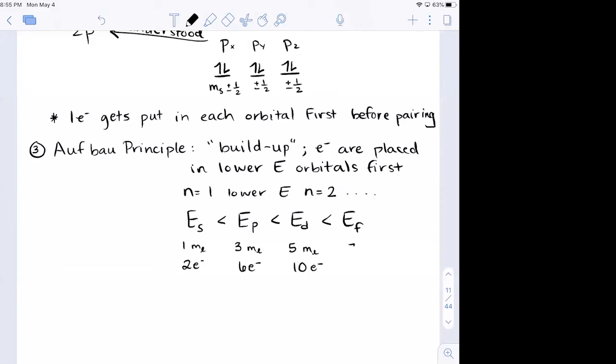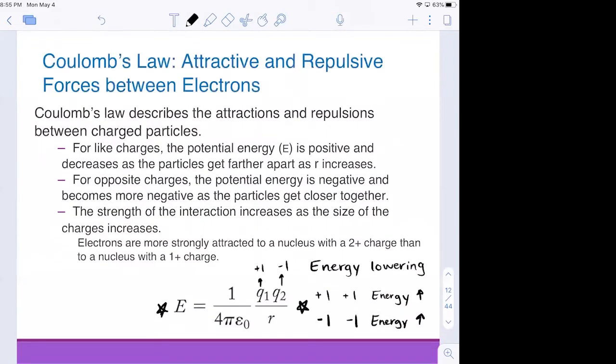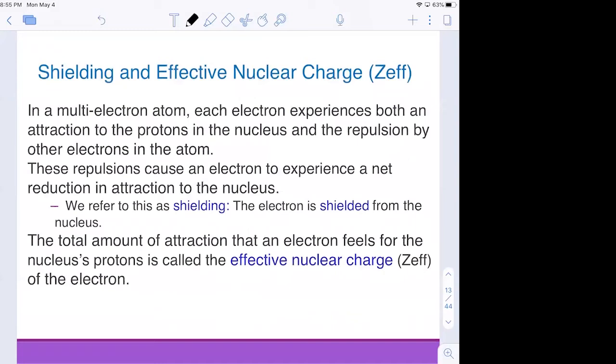And for f, we have 7 mLs, so 14 electrons can technically fit in that f orbital group. So increasing those electrons technically increases the repulsive forces between them. It also has to do with a little bit of stuff called shielding and effective nuclear charge.